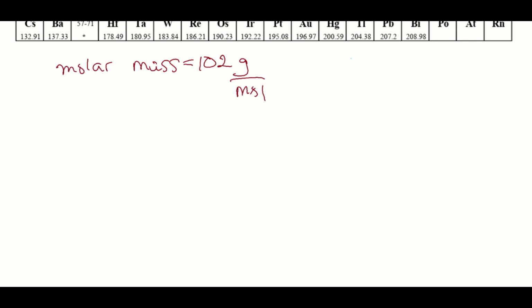So the empirical formula was C5H10O2. And so the mass of this is going to be 12 times 5 is 60, plus about 10, plus about 32. And so that's going to be 70 plus, that's 102 grams per mole.